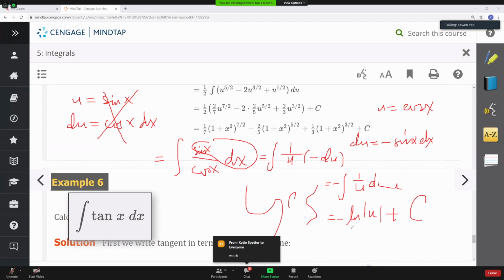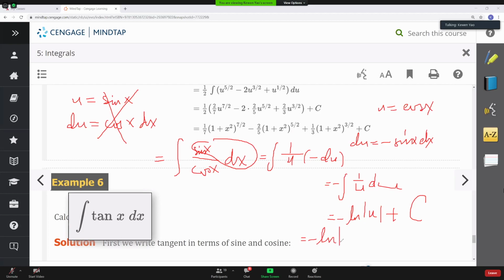Now we're almost done. Replace the u by cosine x. So it goes to negative ln absolute value cosine x, plus c. Now, in some textbooks, you can put the negative sign up, because by the properties of log, you can write this as ln of cosine x to the power negative 1.